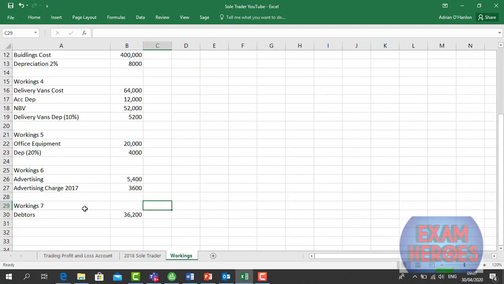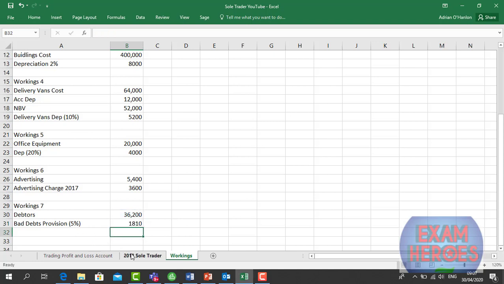Okay, so bad debts provision is at 5%. So they're saying, of the debtors that we have, we'll probably get 5% of those that will be bad debts. So if I just find out 36,200 multiplied by 5%, that is 1,810 euros.